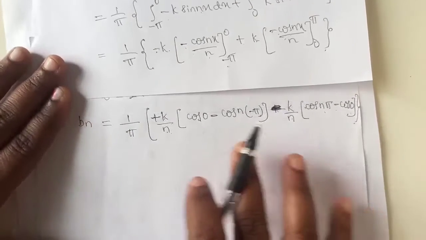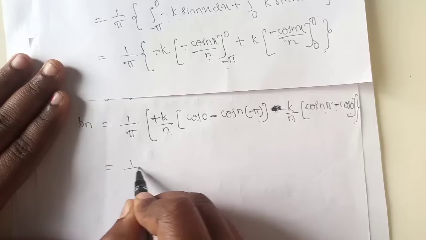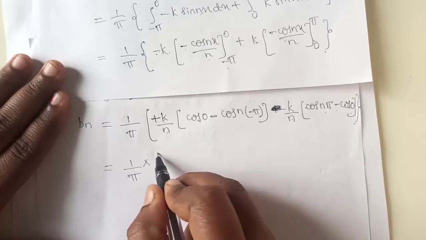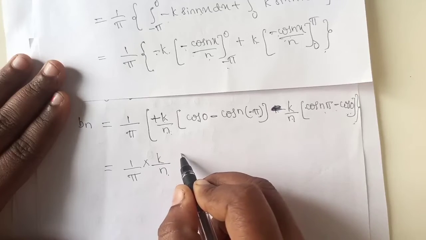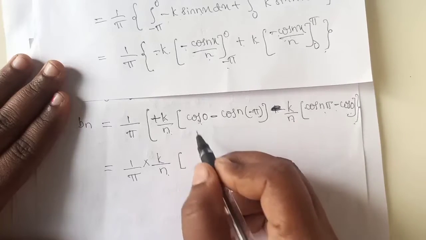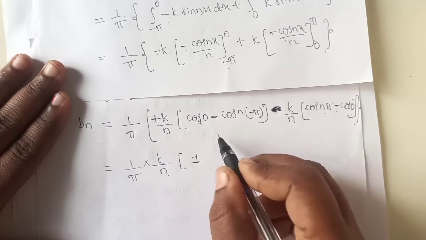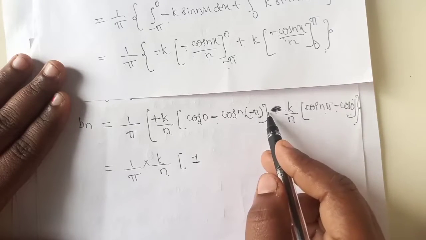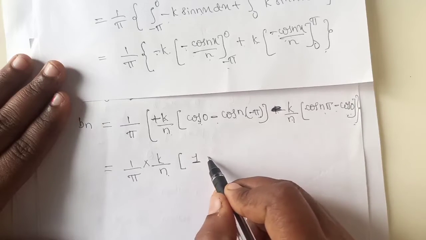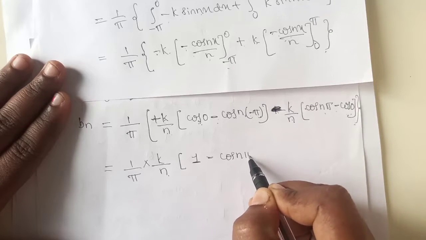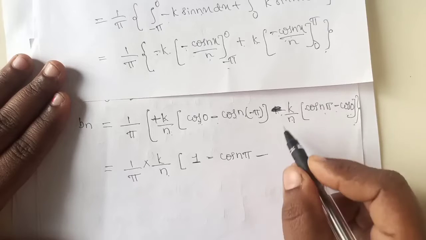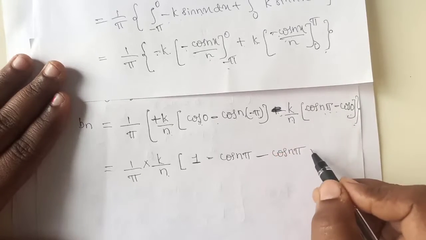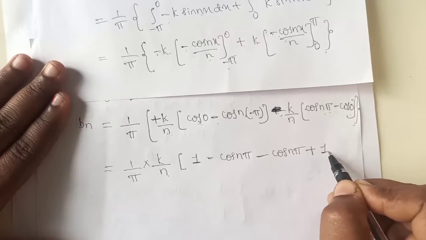Now further simplifying this one, we get 1 by pi, this k by n can be taken outside. Okay, here we get cos of 0 equals 1, minus. Cos of minus theta is equal to cos theta only, therefore it is cos of n pi only. Next minus, again it is cos of n pi, minus into minus plus cos of 0 equals 1.